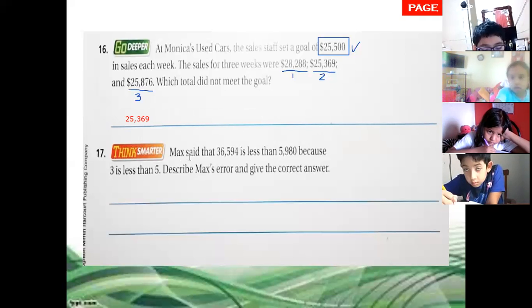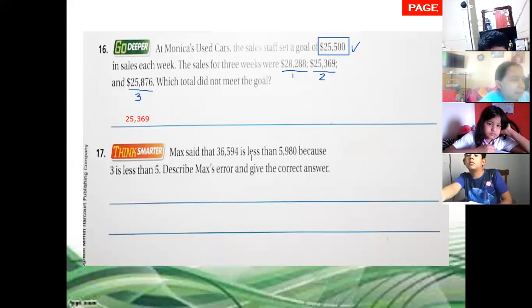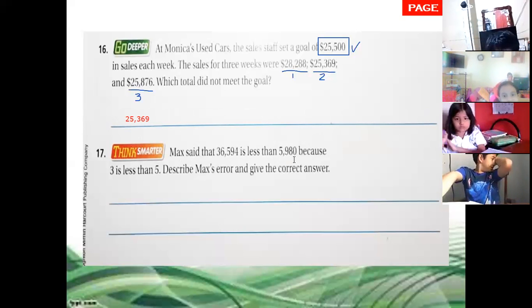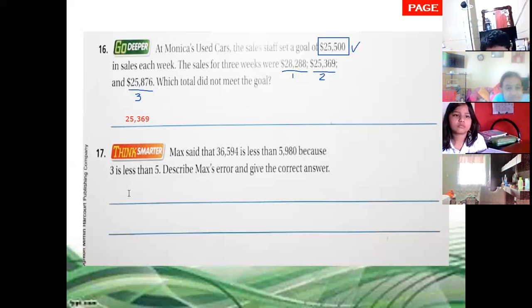The last one. Max said that 36,594 is less than 5,980 because 3 is less than 5. What is the mistake? The 3 is less than the 5. But how do you say that number, 5,000 what?